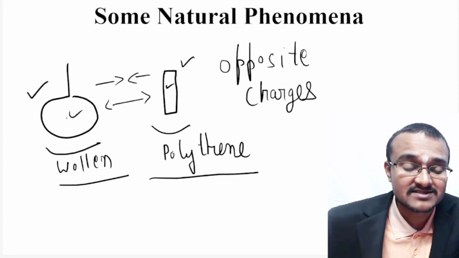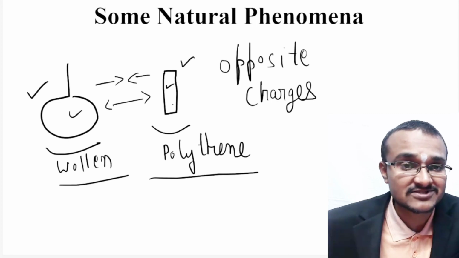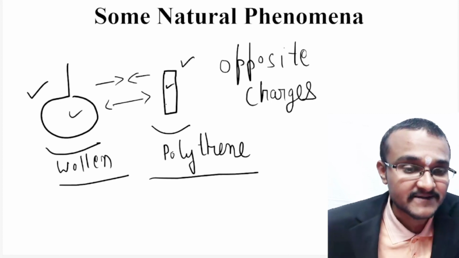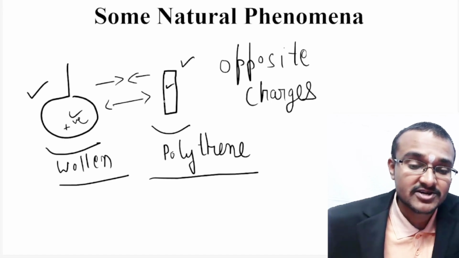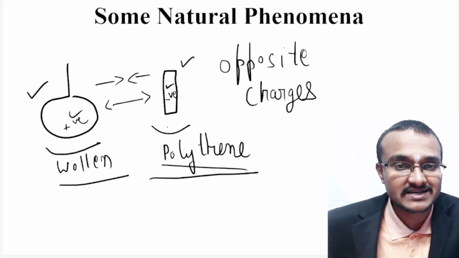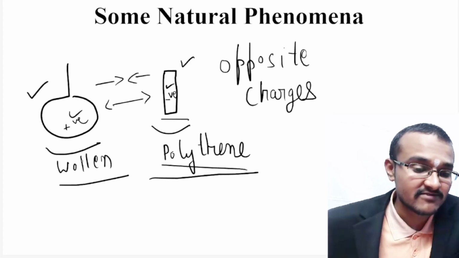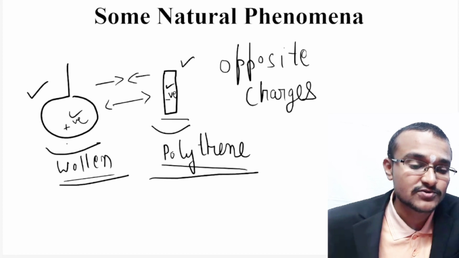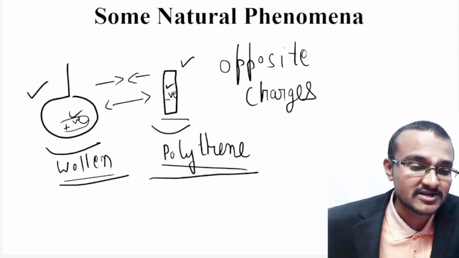So the charge this balloon has got and the charge this refill has got are different. The balloon has received positive charge and this refill has received negative charge. Whenever you use polythene cloth to charge a refill, you get negative charges, and whenever you use woolen cloth to charge a balloon, you get positive charge on it.